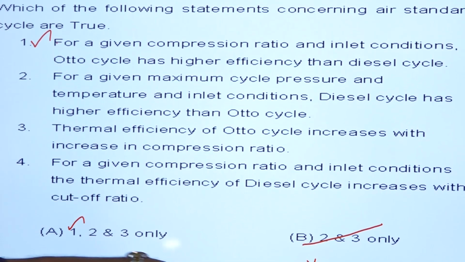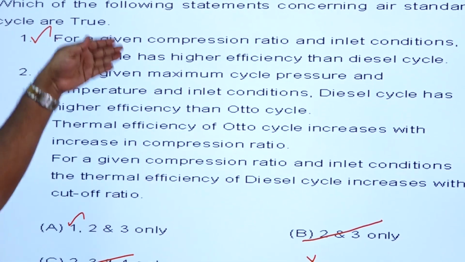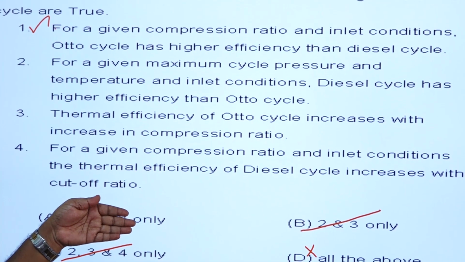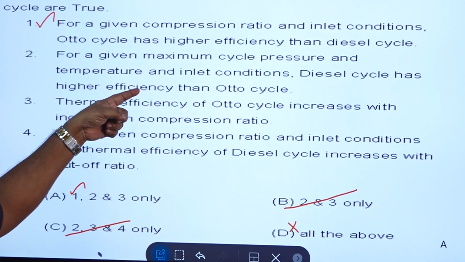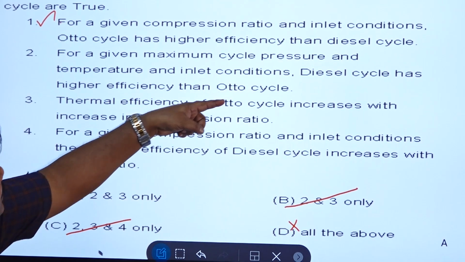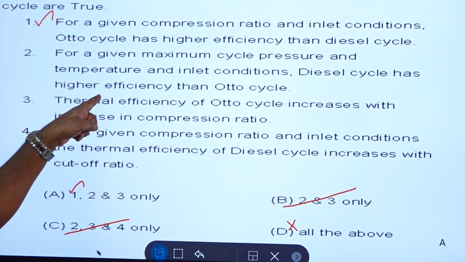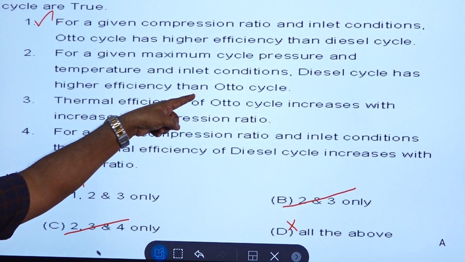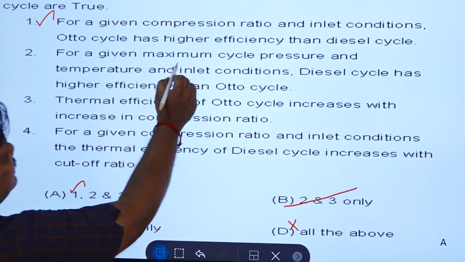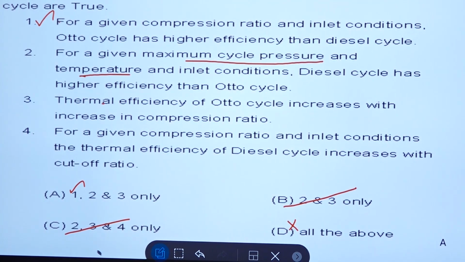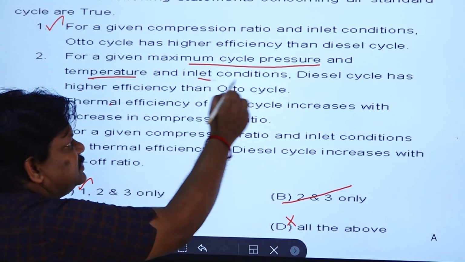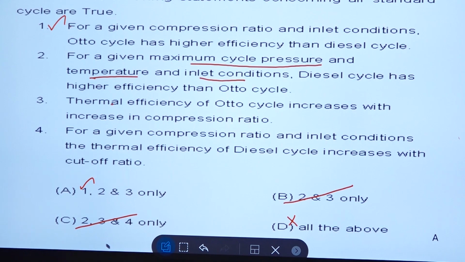Because now it is all the above, you have to consider the other three also. Okay, so for a given maximum cycle pressure and temperature and inlet conditions, diesel cycle has higher efficiency than Otto cycle. So for a given maximum cycle pressure and temperature, yes, and inlet conditions, we have seen this in diesel cycle.